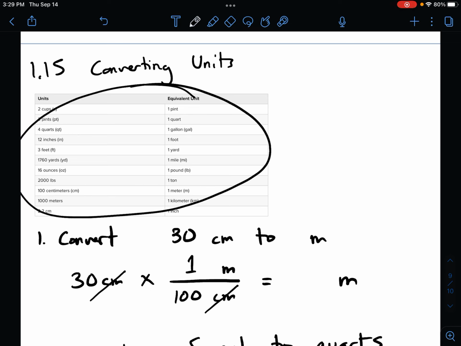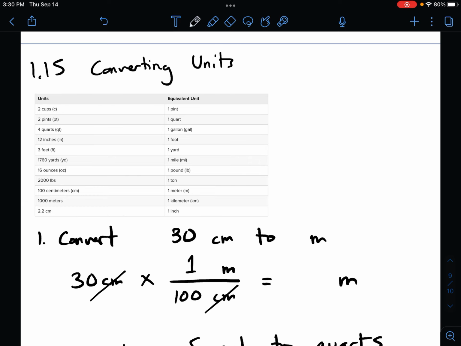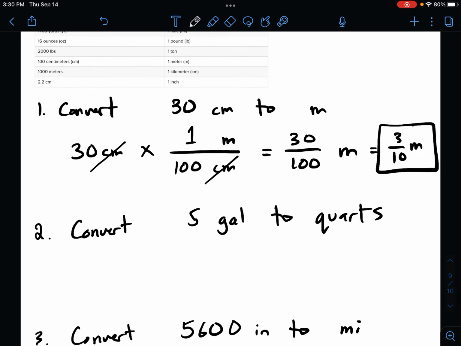If you do not know this off the top of your head, please go ahead and memorize that. I will not be giving that information to you on a quiz or a test. So we're going to go ahead and we get 30 over 100. And again, that's in meters. We can reduce this, and this will be 3/10 of a meter. And that is your answer.